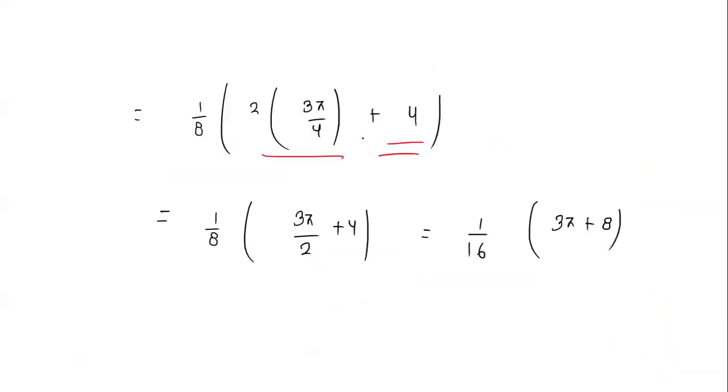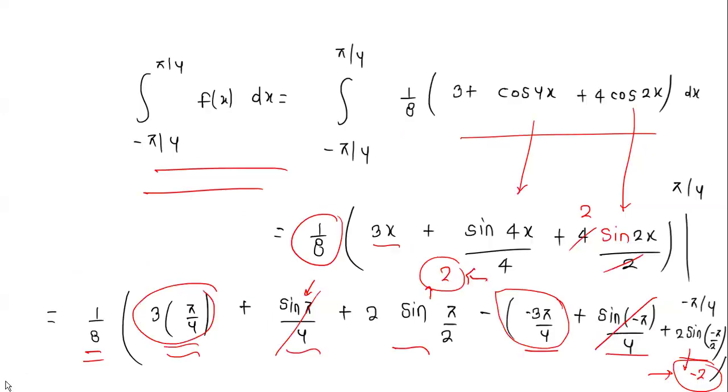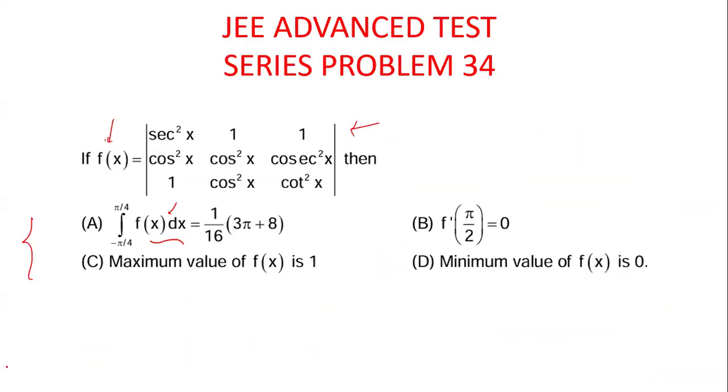So after simplifying, you can write it this way: 1 by 16 multiplied by 3 pi plus 8. So this is the value of that integration. So the A option is correct.